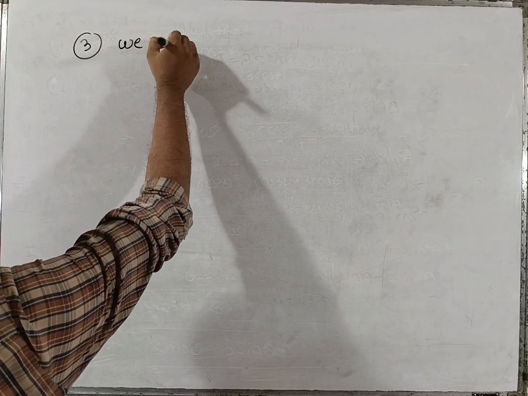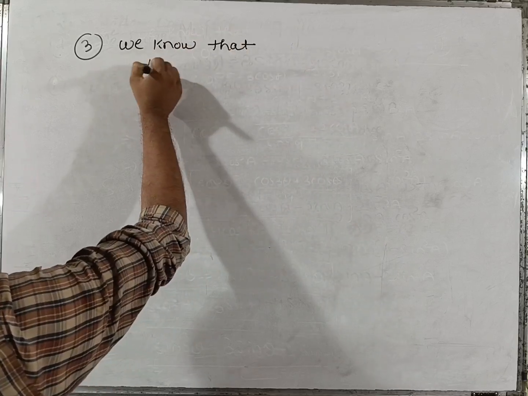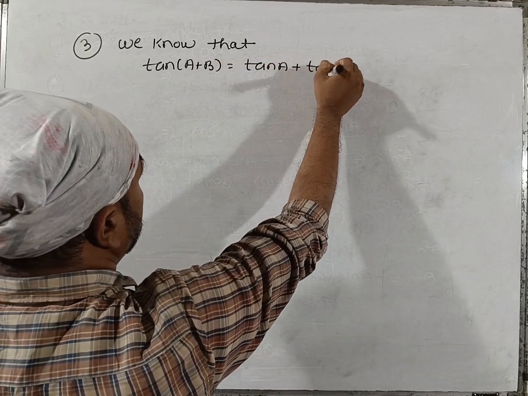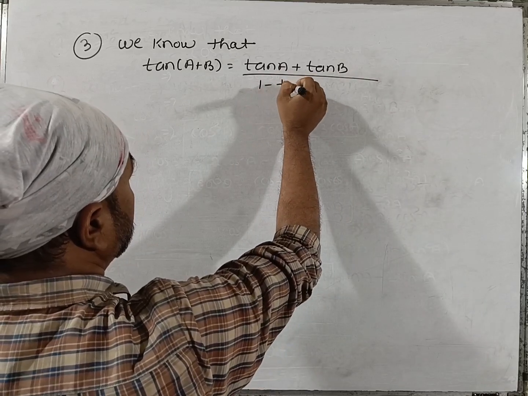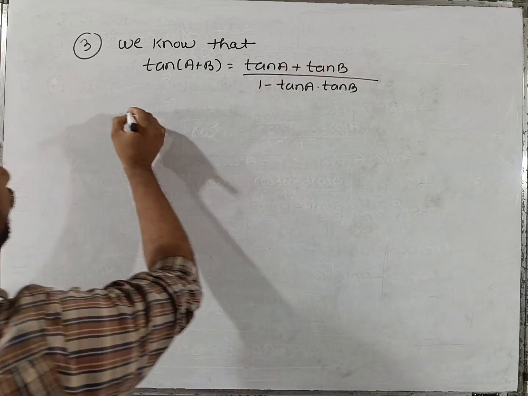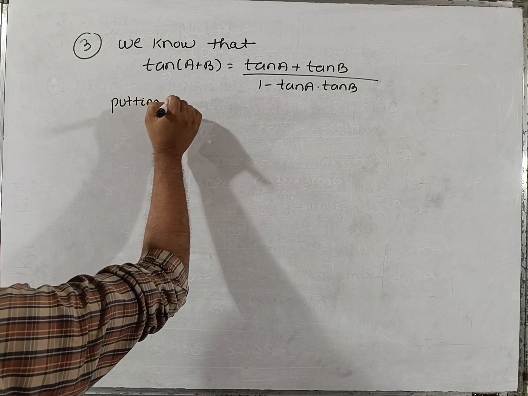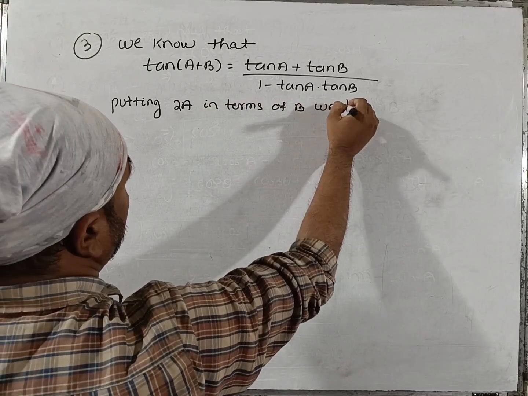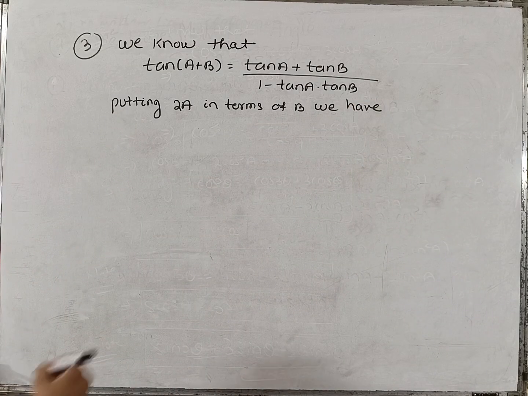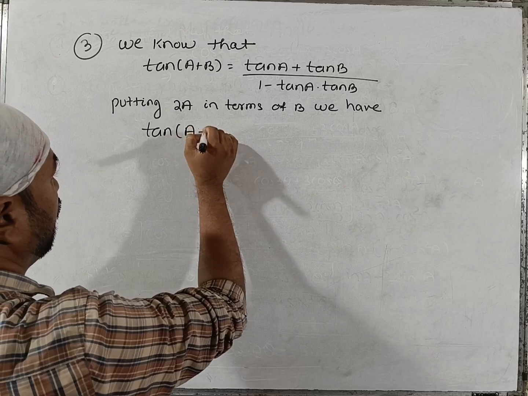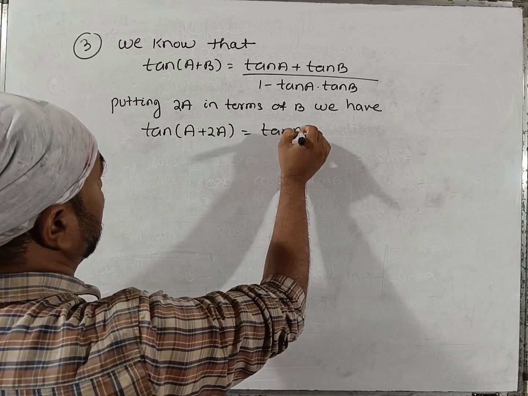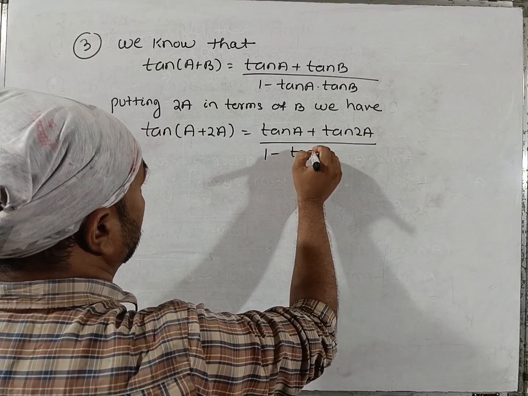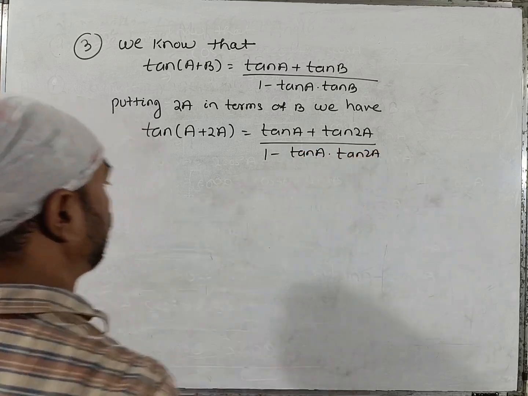We know that tan (A plus B) is equal to tan A plus tan B, whole divided by 1 minus tan A into tan B. Putting B in terms of 2A, we have tan (A plus 2A) is equal to tan A plus tan 2A divided by 1 minus tan A into tan 2A.